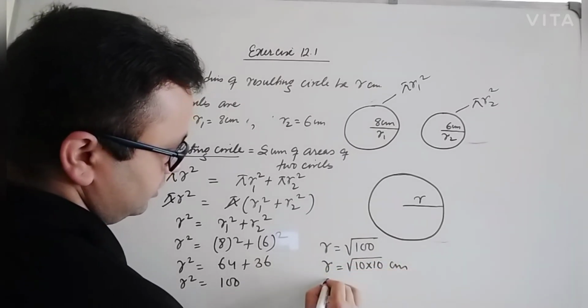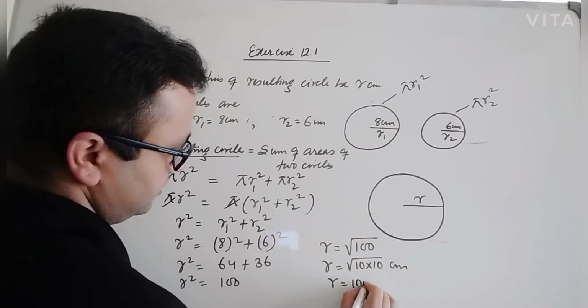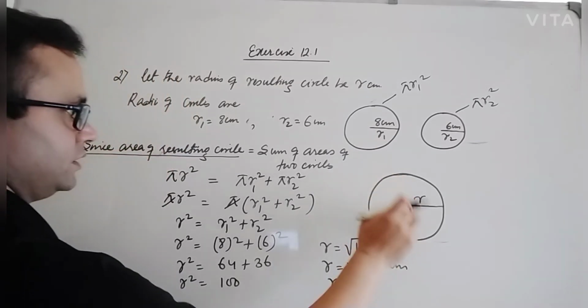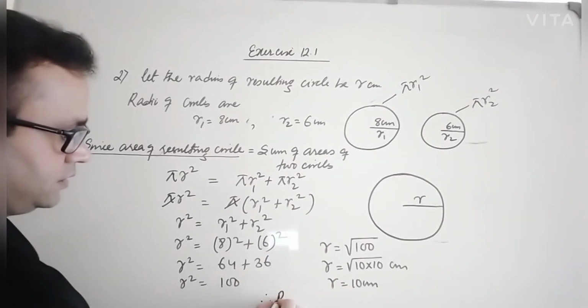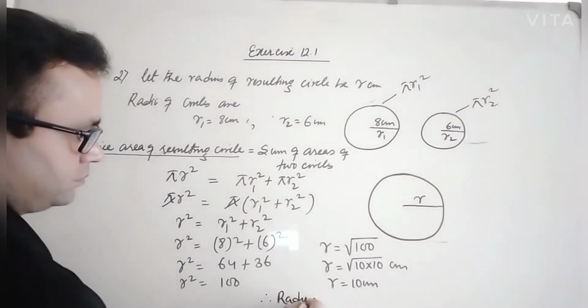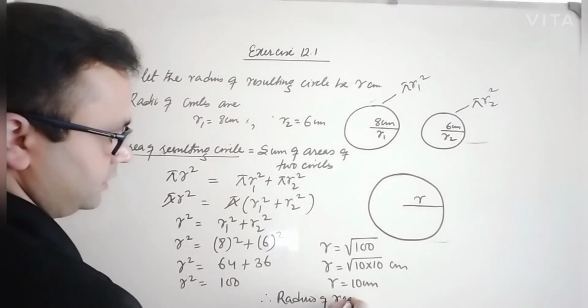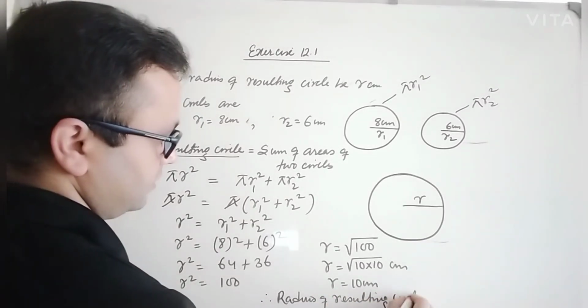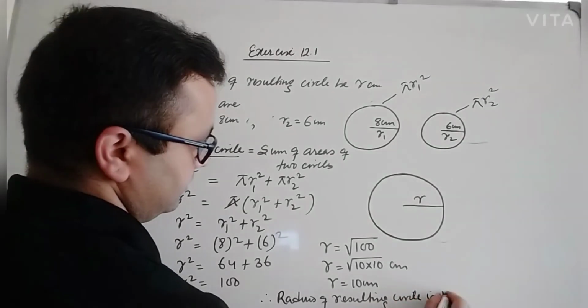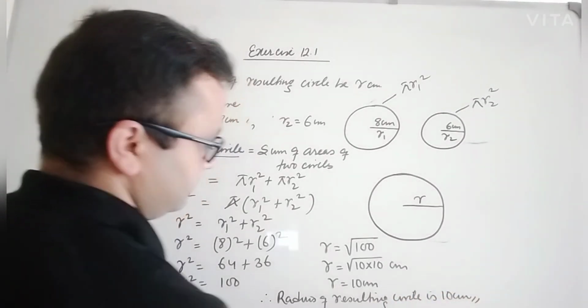So r equals 10 centimeter. Therefore, the radius of the resulting circle is 10 centimeter.